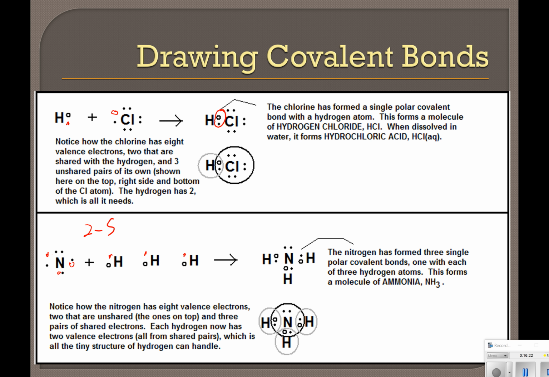And by drawing the dot diagrams, we can see how these are going to line up. And therefore, nitrogen is going to make a bond with each hydrogen, and it's going to make a molecule known as ammonia, NH3. So we can see from our electron configuration how many bonds we need to make, and we can start to see how that is leading us into our formulas.